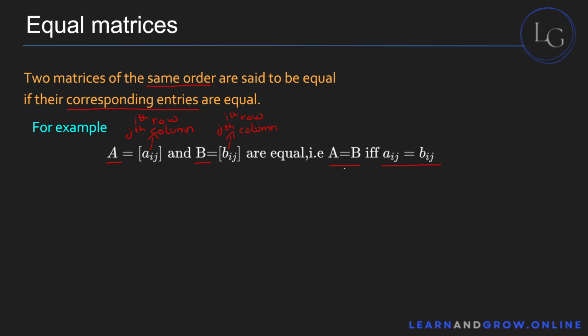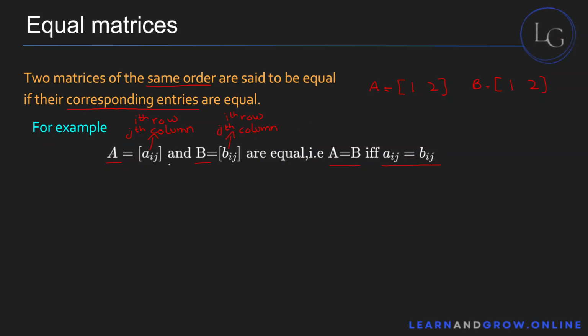B are also equal. What this really means is, let's take matrix A here as 1, 2. Let's take matrix B as 1, 2. So by just looking at them, you can tell that A and B are both equal.